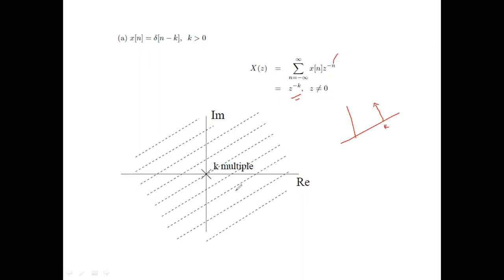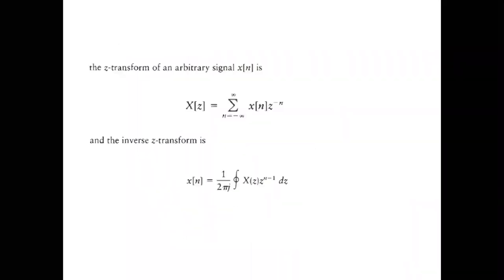Now, in a short time, let me revise what just happened today. We started with the Z transform. What is the formula? Summation of x of n, z to the power minus n.